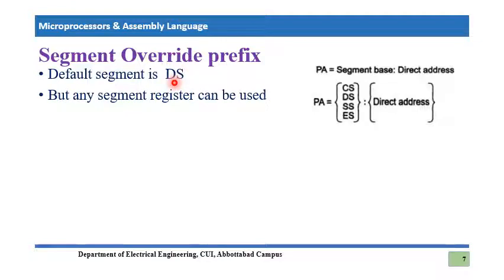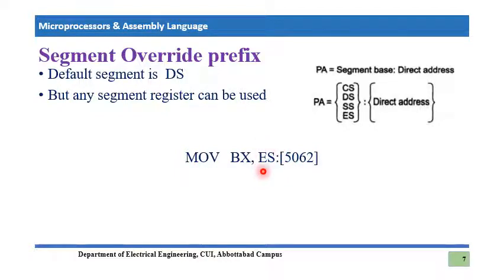But any segment register can be used instead of the data segment. For example, we could simply say MOV BX, ES colon 5062.